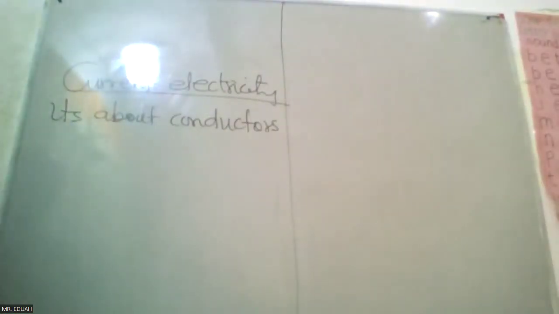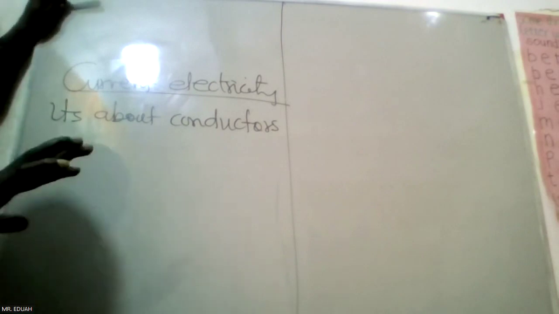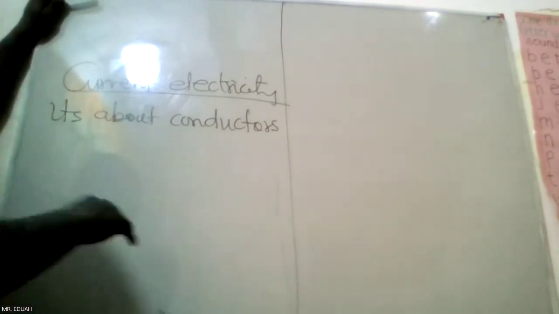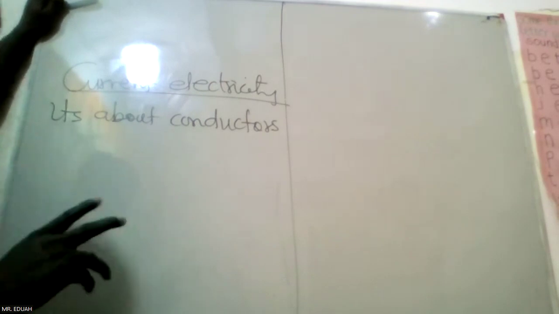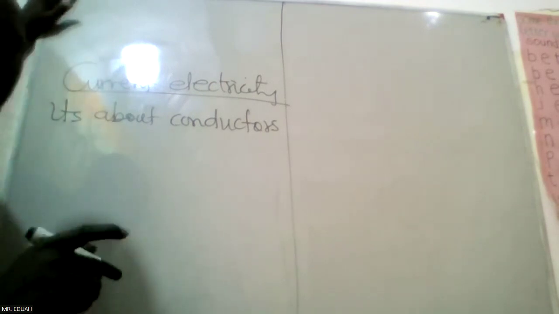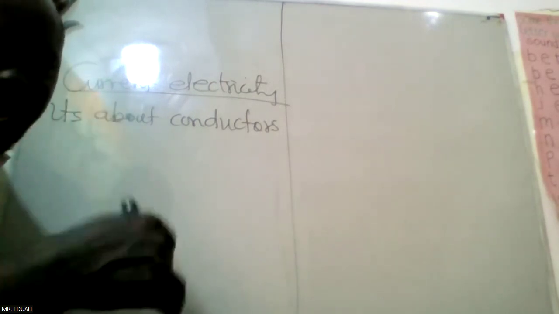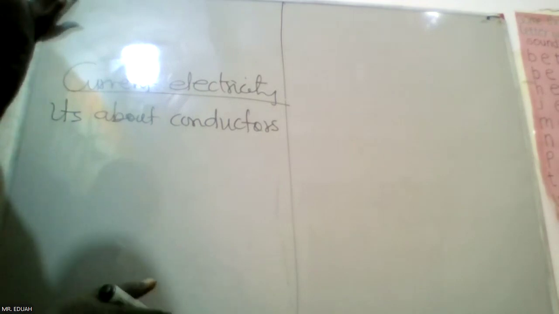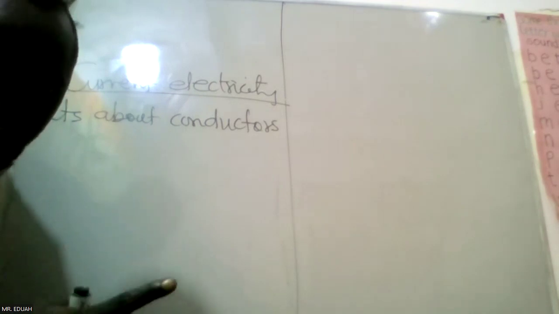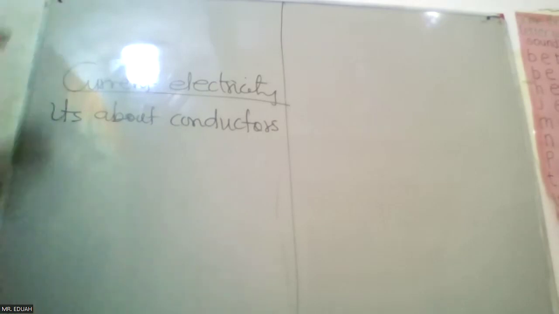Now, what does a conductor have differently from an insulator? An insulator, on the other hand, does not allow currents or charges to flow through it, right?